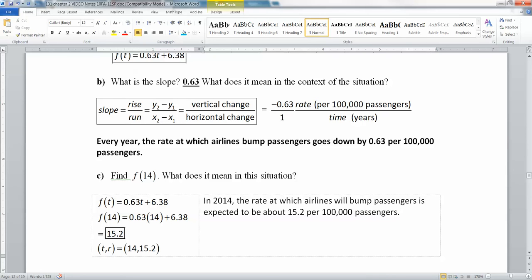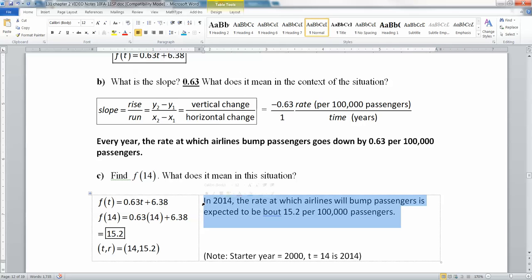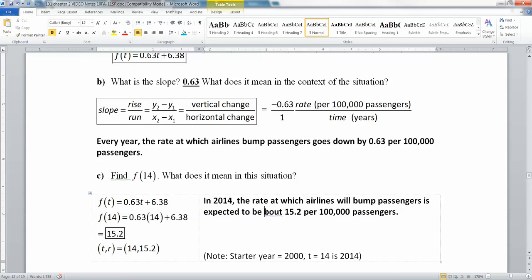Okay, so it's going down and it's expected to be about 15.2 in 2014. Right? Now again, the 2014 came because, note, the starter year was equal to 2000, right? So 14 is 2014, right? And again, you always have to interpret both points and you've got to give it its unit. This unit was per 100,000 for the bumping rate and then the year.